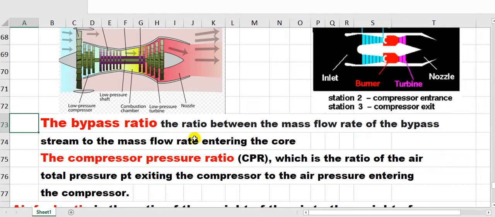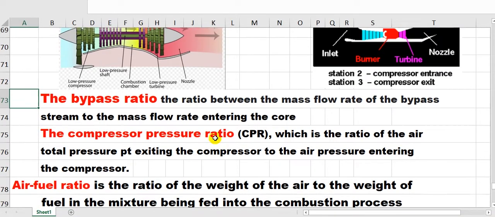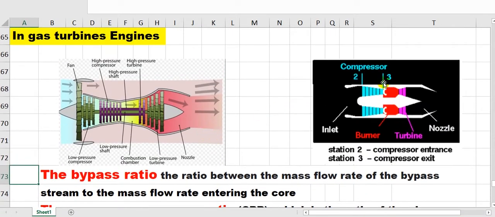Look here, the word rate, because the numbers are not in the same unit. Okay? Here, the compressor pressure ratio. Where? Here. Assume this is one compressor and one turbine. So this is the stage of entry.